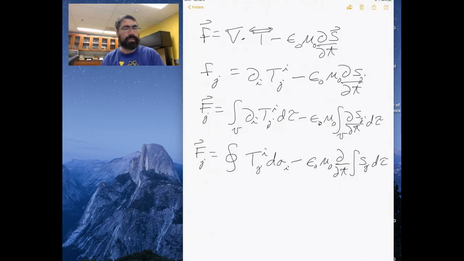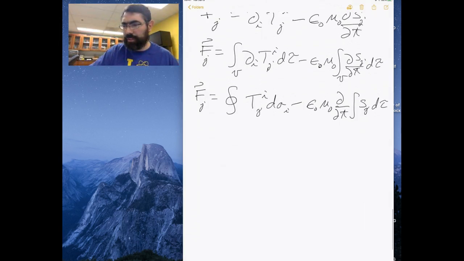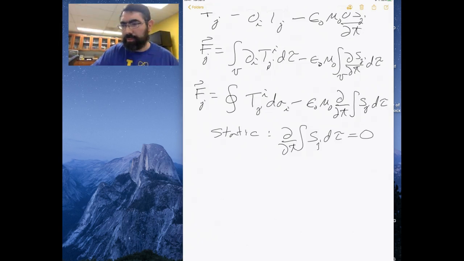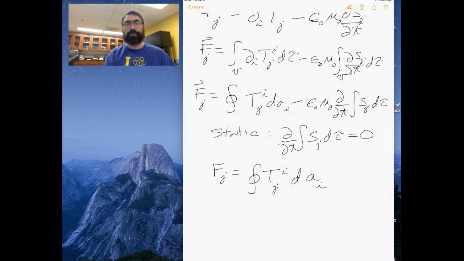So if it's a static case, then the time derivative of any function is going to be 0. It's not changing with time, it's static. So that's going to be 0. So if we take the static case, then the force that's felt is going to be the integral of the stress tensor over the area.